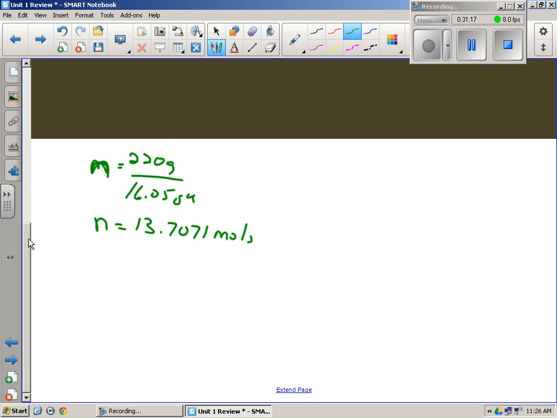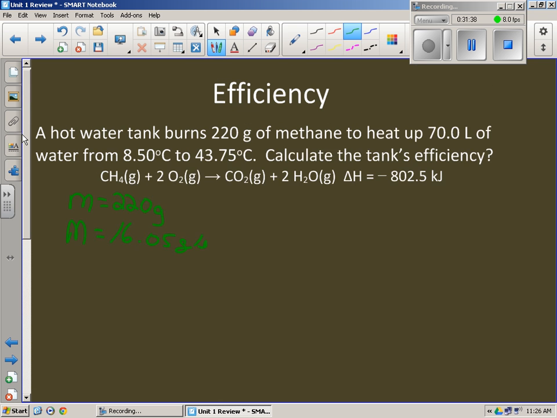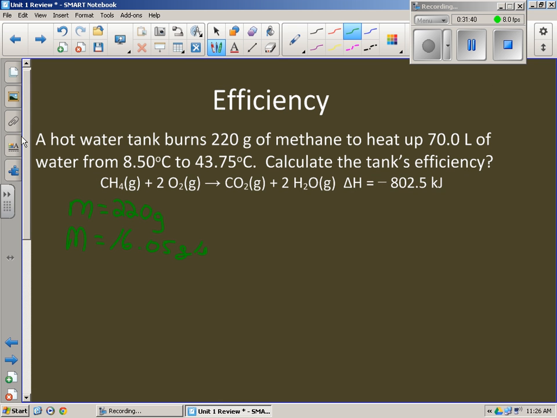Well, 13 moles, if I wanted to figure out basically delta H for this, I would take n times delta H. So if I wanted to figure out the heat that theoretically should be produced from burning 220 grams of this fuel, I would take that times the molar enthalpy of combustion. So look, 802.5 for every one of those, right?